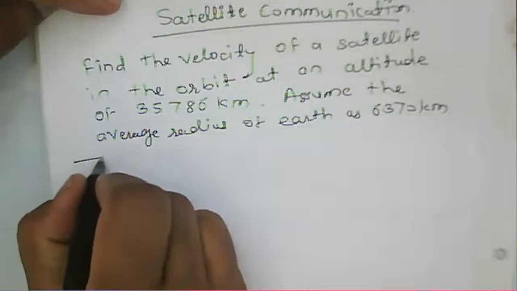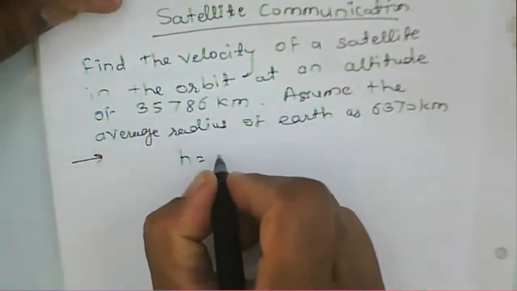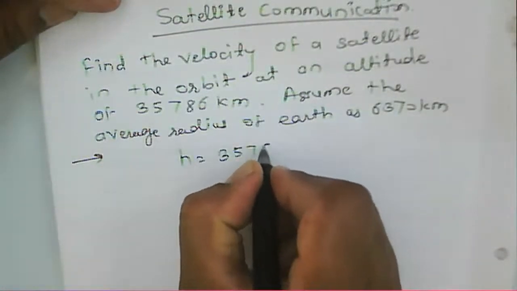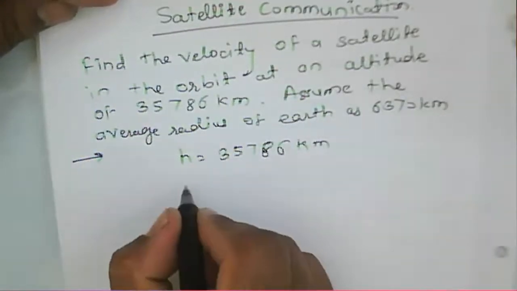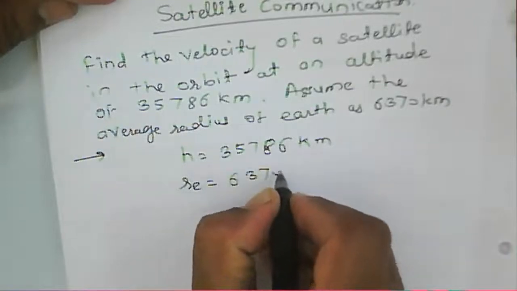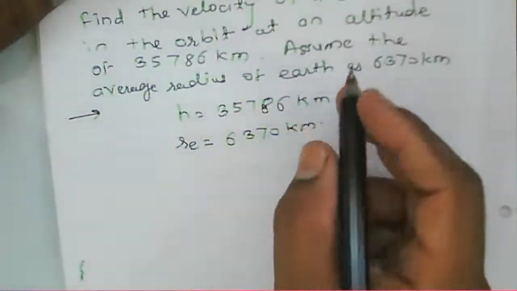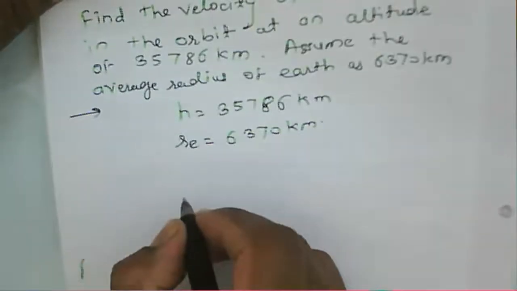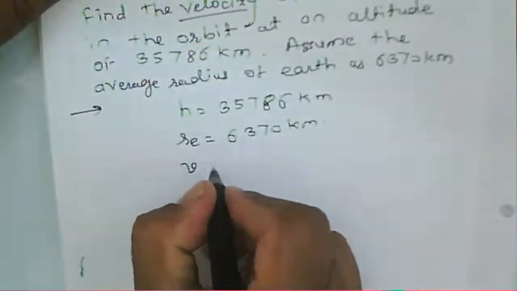Now here the altitude is given, that is 35786 kilometer, and the Earth radius is given, 6370 kilometer. Now we need to know what is the velocity of a satellite.